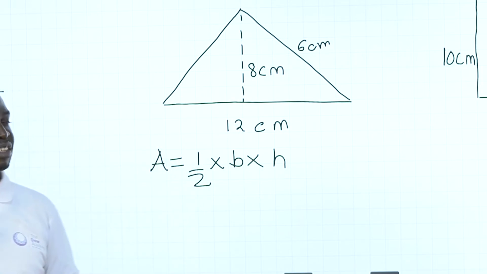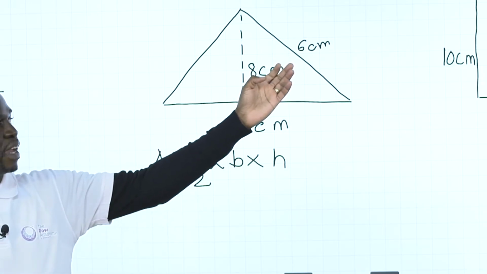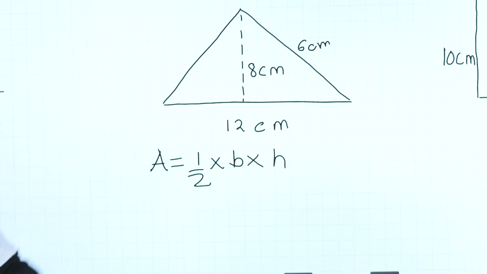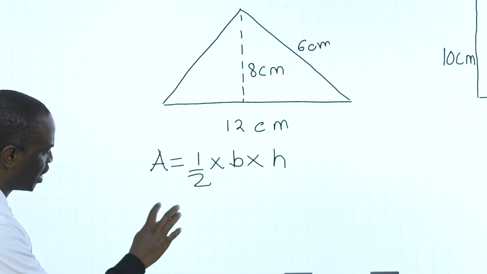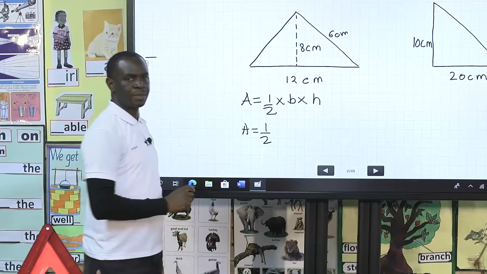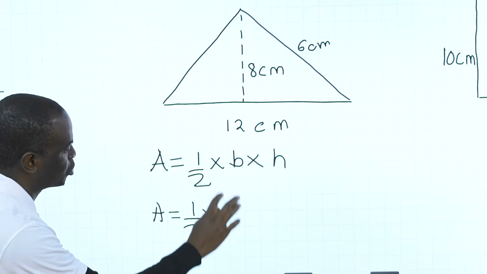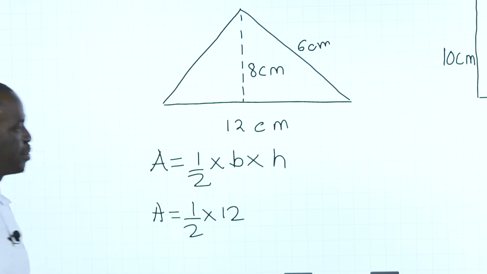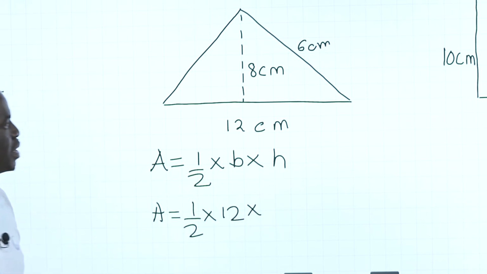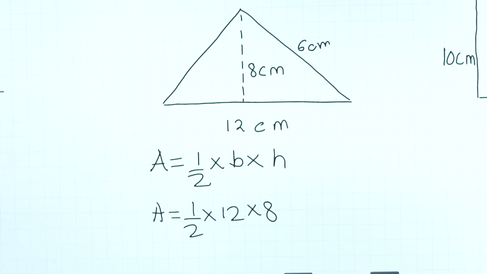The most important thing for us is to identify the height. So 8 is the height, 12 is the base. So we're going to say area will be equals to half which we are going to multiply by 12, which replaces the letter B, multiplied by 8, which is our height.